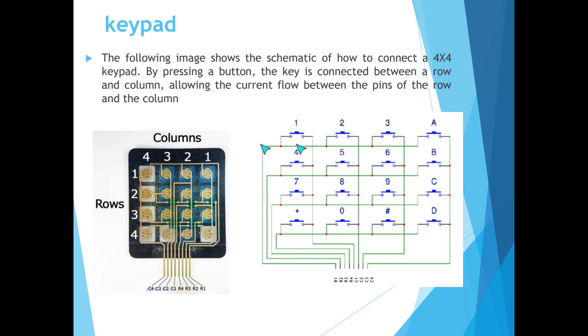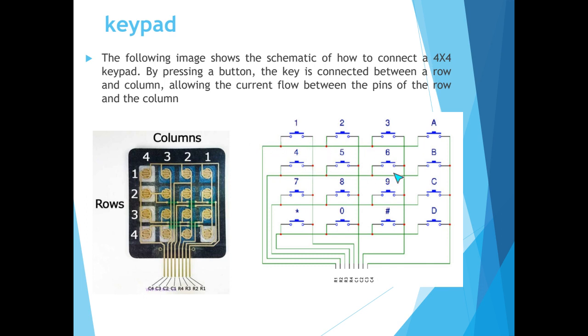So, for example, this is the inside of the keypad, the connections related to the keys. As you see, it includes 16 keys, but they're connected to each other, as shown in the figure. In this figure, you see that all of the keys from one side are connected to each other in the rows.